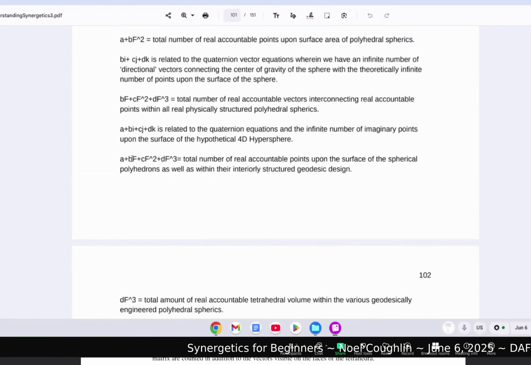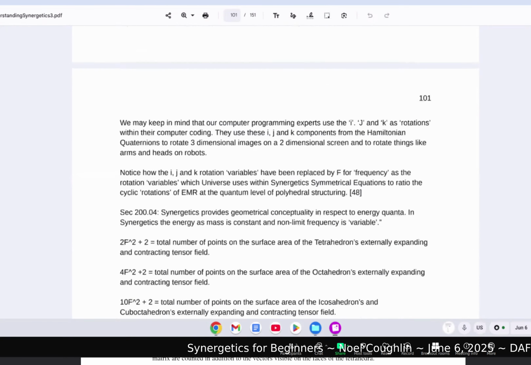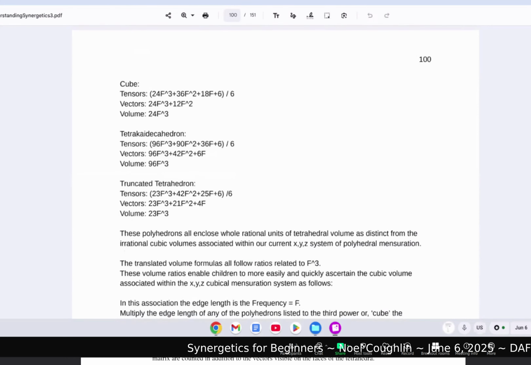That becomes identical to the translated equations, which represent the total number of spheres. We see them in their opposite order here, so that you'd have A plus BI plus CJ plus DK. A becomes translated as 6 divided by 6, right?